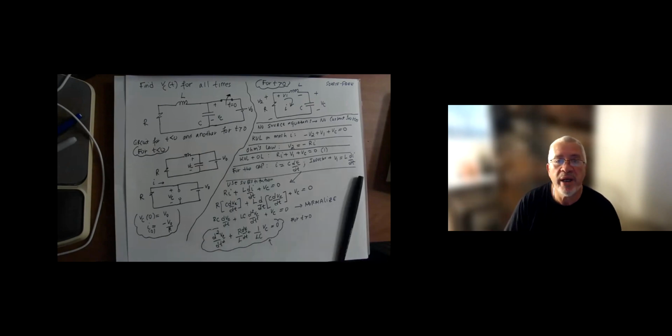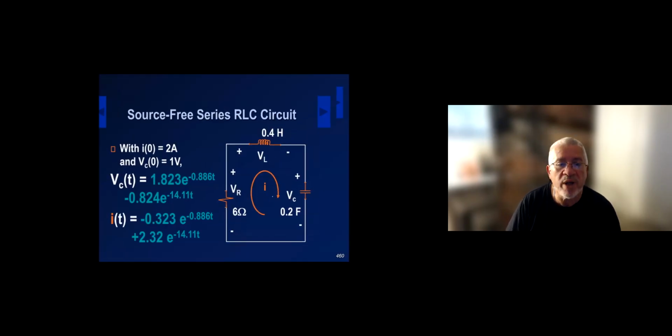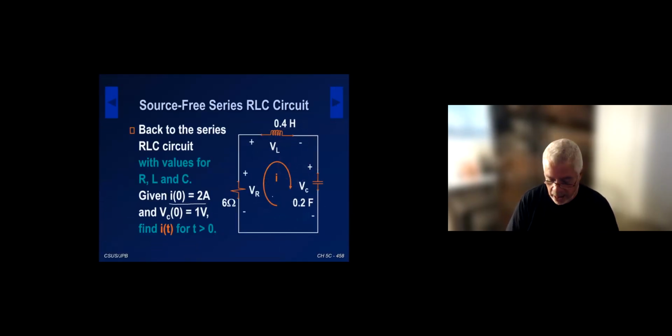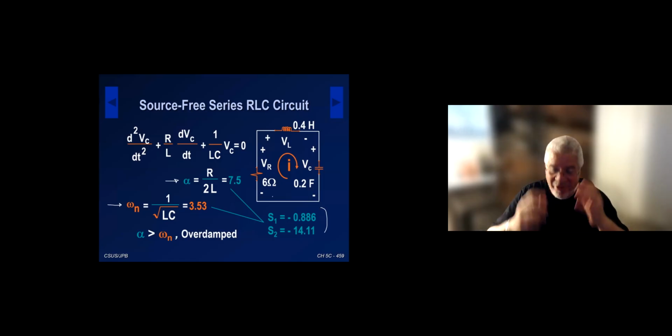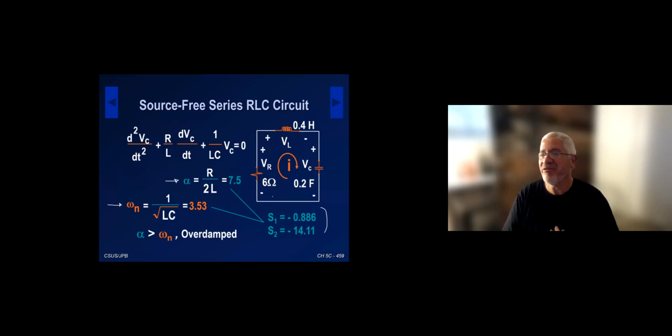Then we went back, let me just quickly go back. We put in some values so that we can have a case, one of the three cases that we're talking about here. We identify alpha, we identify omega n.